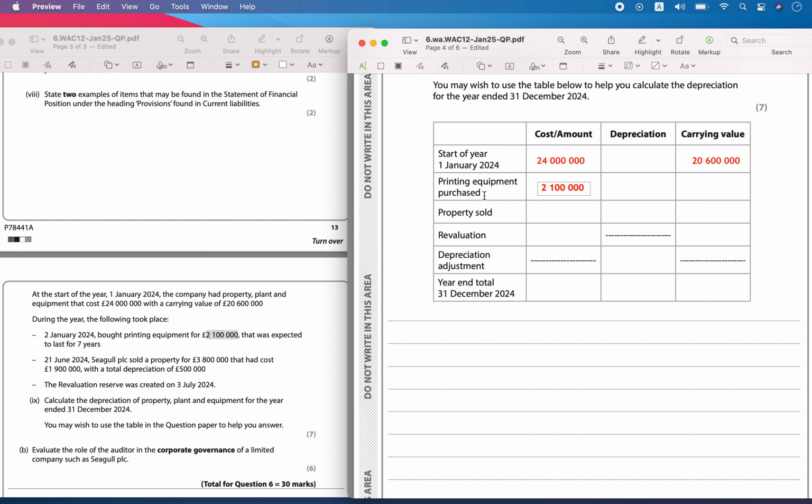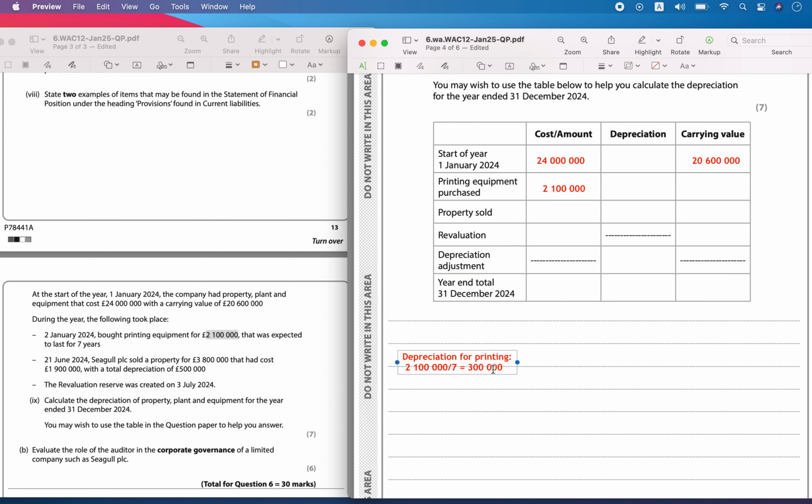So let's calculate the depreciation charge for this printing equipment. Depreciation for printing is going to be equal to this divided by 7, that is equal to 300,000.